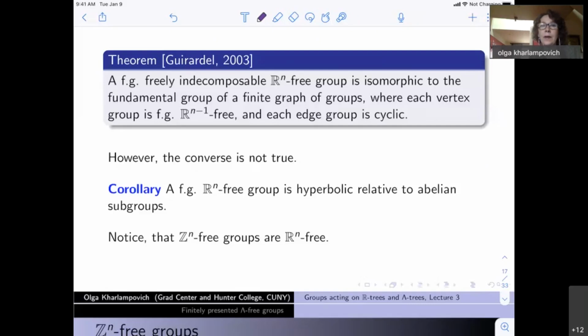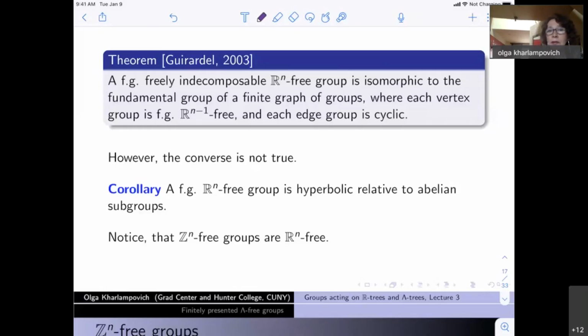Still, we actually have a theorem with a necessary and sufficient condition, but only for so-called regular actions, which I won't mention now.